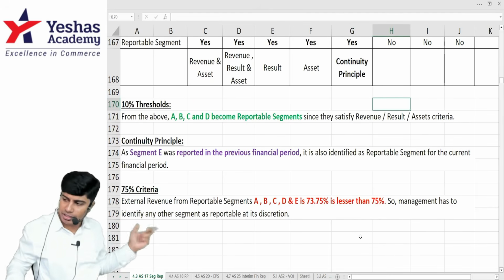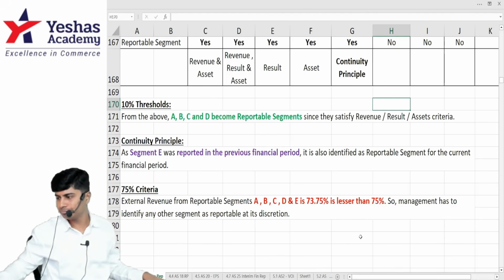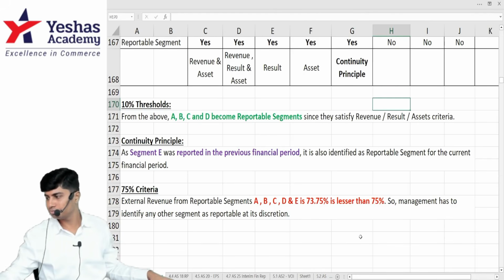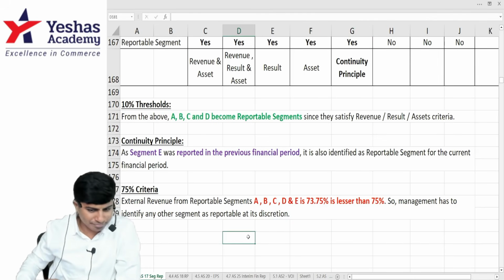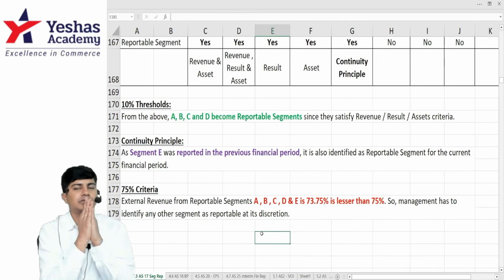Nice. If you finish the table, then copy the conclusion. Did people finish this? How many of you are still writing? Quick, quick, quick. Quicker.